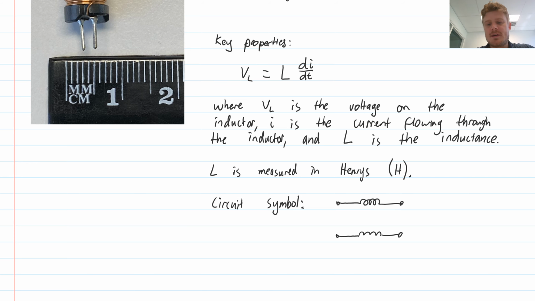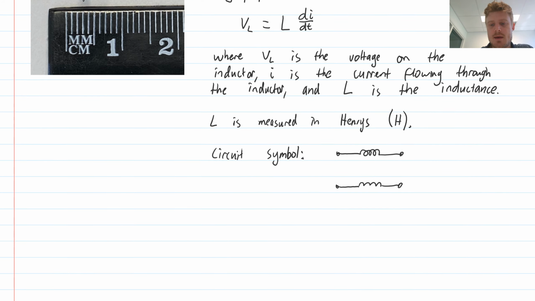Those are the circuit symbols you will see for an inductor. To label it, VL is the voltage across this inductor, and IL, or just I in my previous equation, is the current that flows through that inductor.